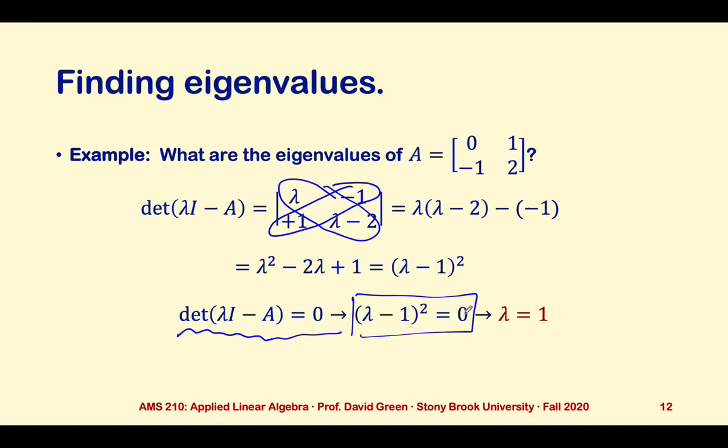This can only happen when lambda equals 1. In this case, we get 1 eigenvalue. In the previous case, we had a 2 by 2 matrix that gave us 2 eigenvalues. Here we have a 2 by 2 matrix that gave us 1 eigenvalue.